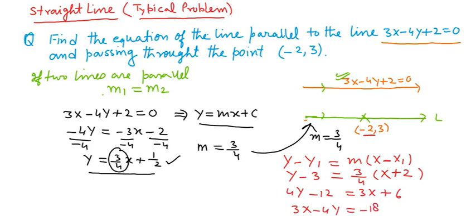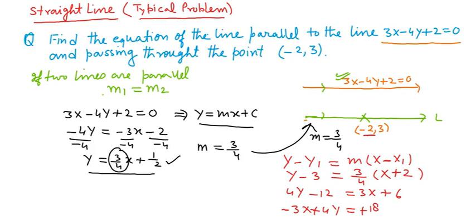Or you may write down this equation in this way: 4y minus 12 is equal to 3x plus 6. This equation will equal to minus 3x here shifting. This is plus 4y, that is plus 18.